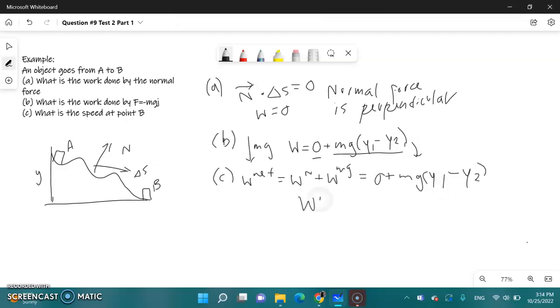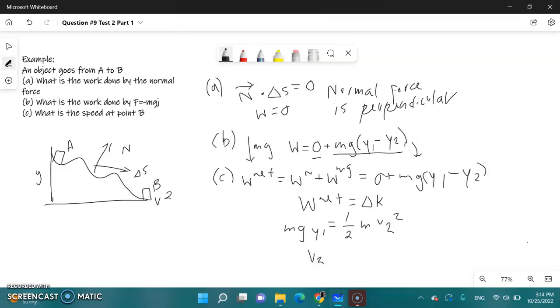And we also know that the net work is the change in kinetic energy throughout this travel. So to get to the velocity, which is what we're trying to find, the final velocity, since point B is at the end of the inclined plane, we would get mg times y1 equals half of m times the final velocity squared.